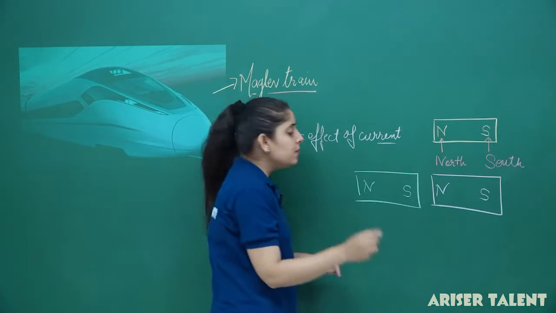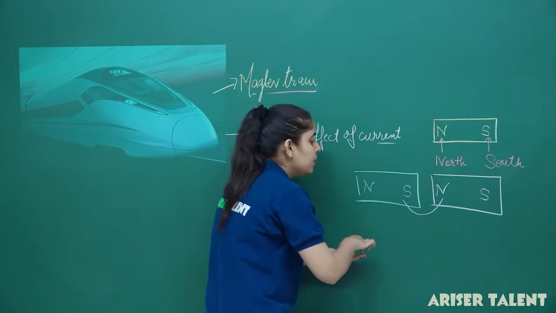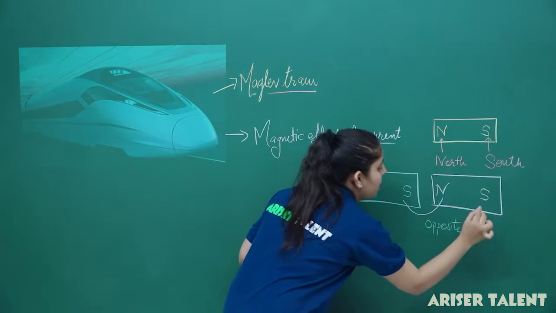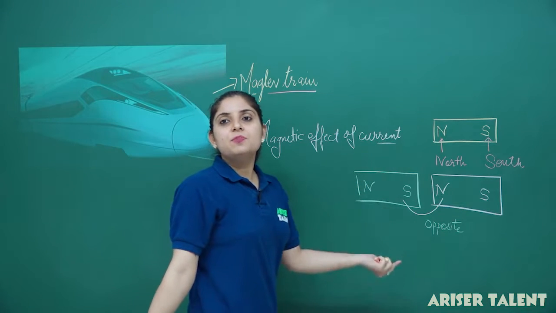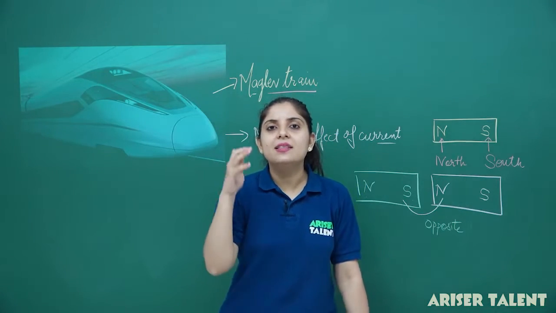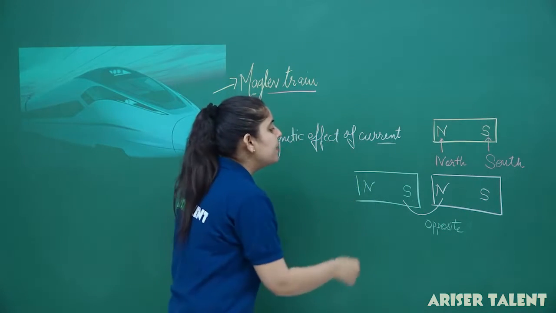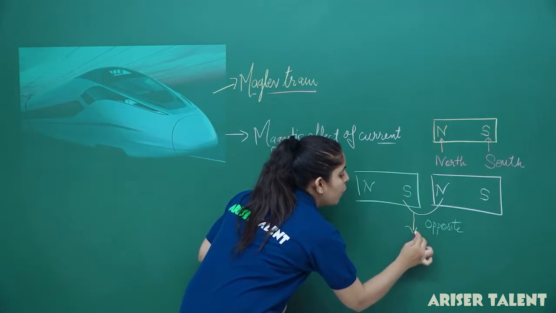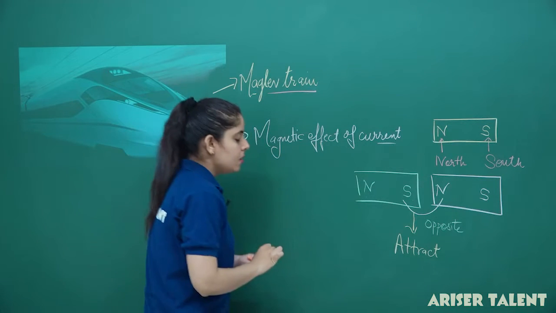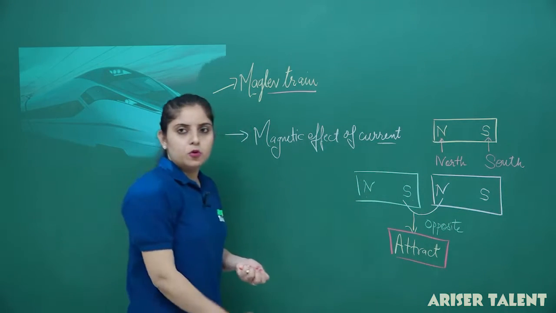You can see that these two poles are opposite to each other. Magnets have a tendency that opposite poles attract each other. So what will happen in this case? The opposite poles attract each other. There will be attraction between the opposite poles.